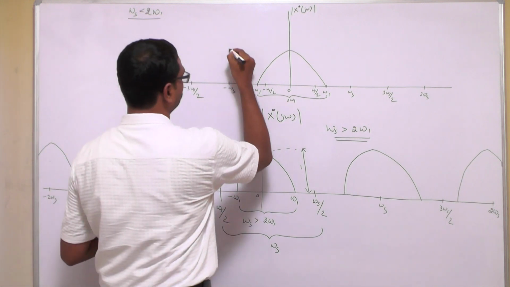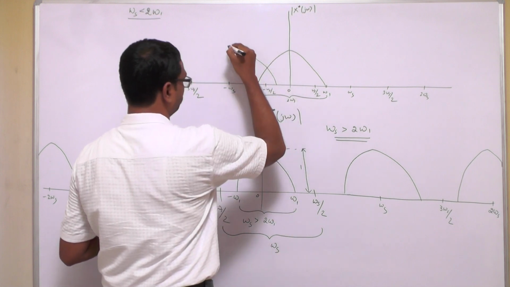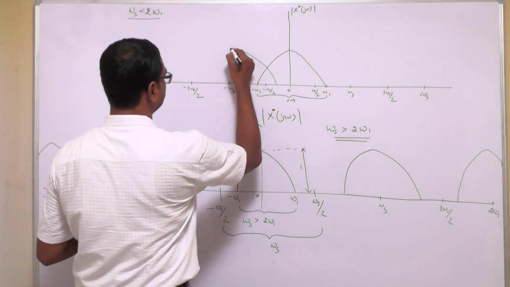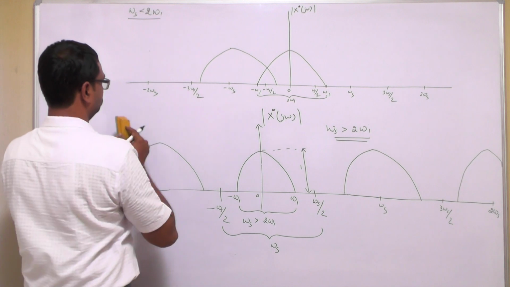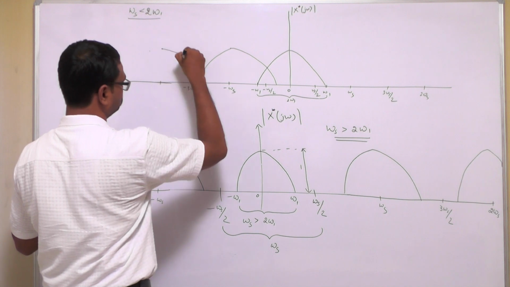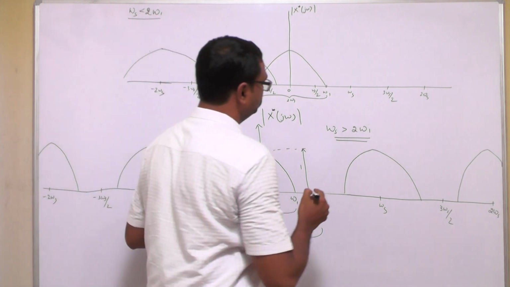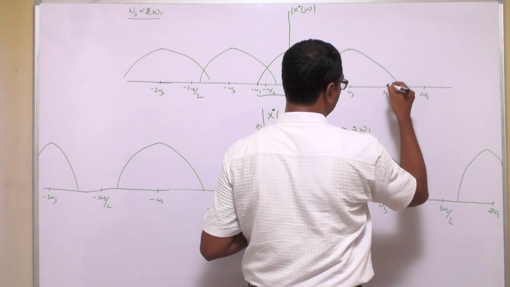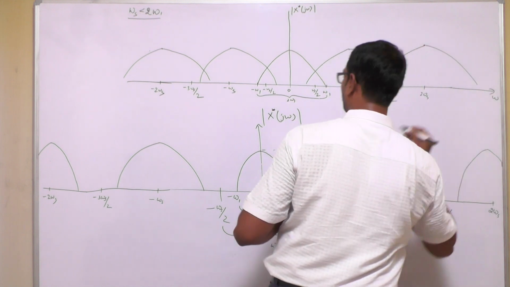Now at minus ωs, again you have the function like this, and at 2ωs, if this is not placed so far away, we have a signal like this and like this. That is minus 2ωs, and here also there is some overlap occurring, and at this point you have some overlap here.